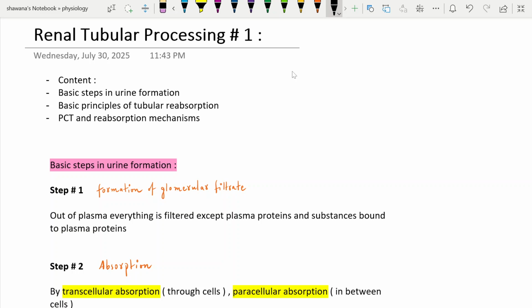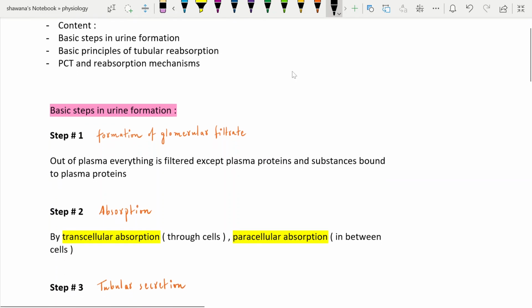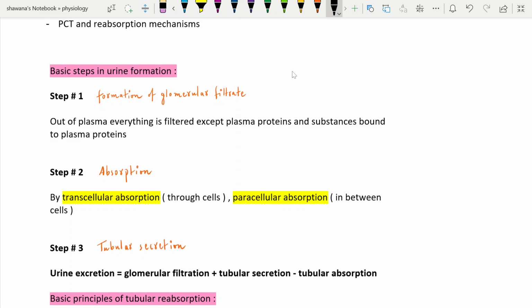We'll discuss it now. As you know, the basic steps in urine formation: first is the formation of the glomerular filtrate. It means that from the afferent arteriole the glomerular capillaries arise, and from there the filtration process goes on, and everything in the plasma is filtered. The water, glucose, ions including sodium, chloride, potassium, magnesium.